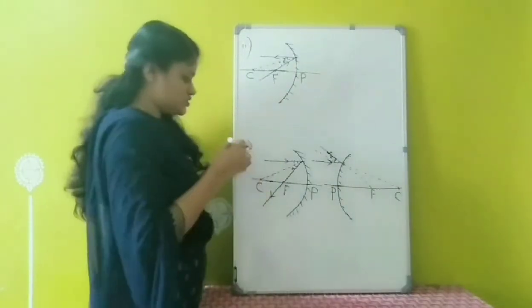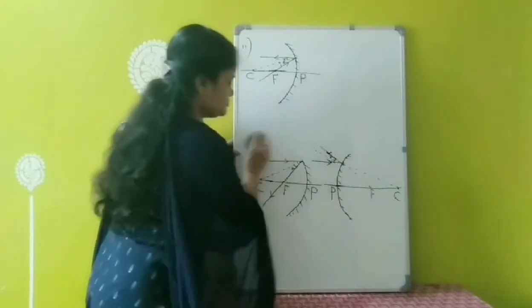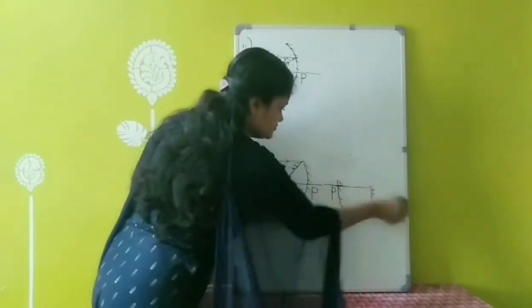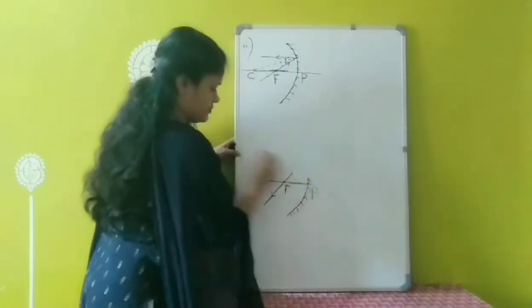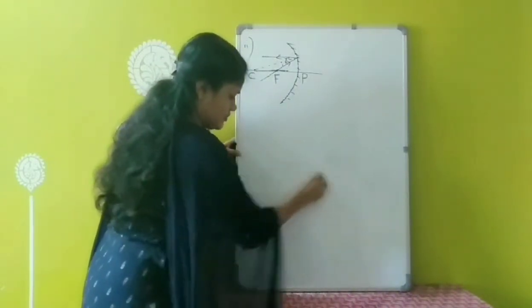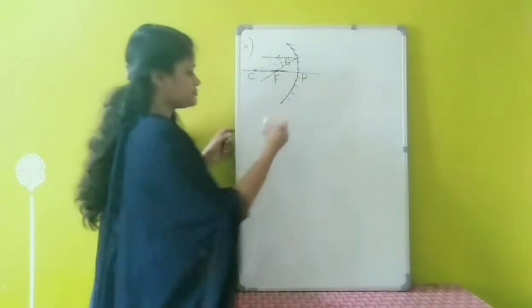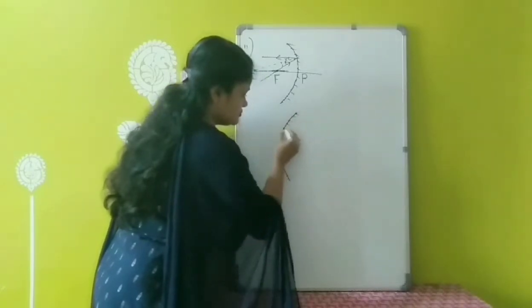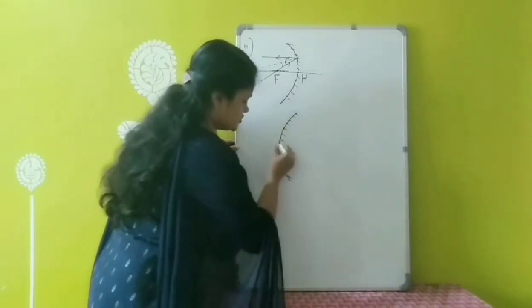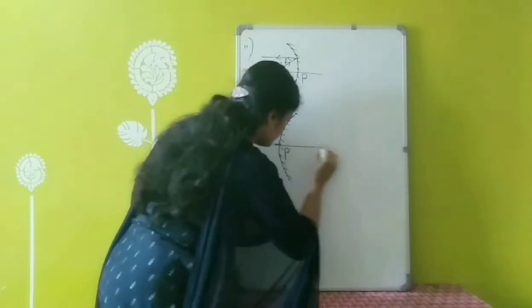Then we are doing for which one? Convex mirror. So second rule for convex mirror. So this is pole and principal axis.